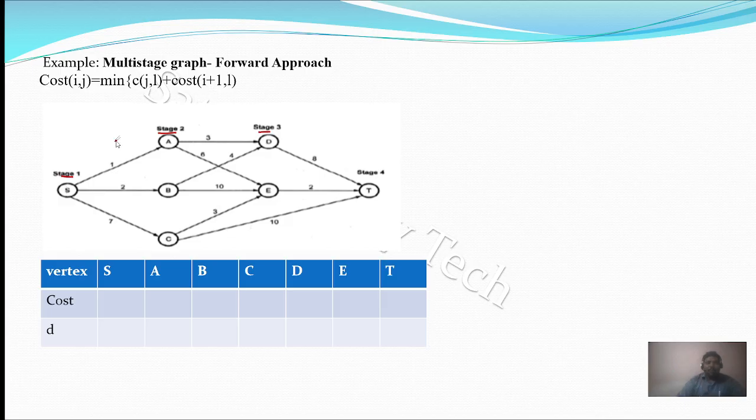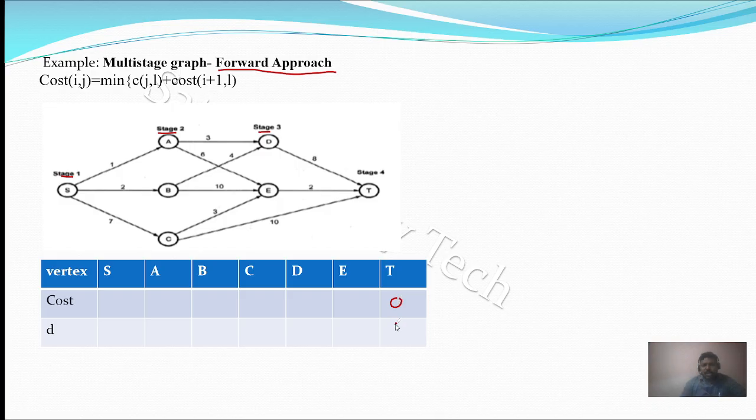Now how do we find the shortest path from source to sink? Here I am using the forward approach. In the forward approach you fill the table backward from sink to source, but it is still a forward approach because decisions are taken from source to sink, that is S to T. Now, reaching T, the cost is 0.